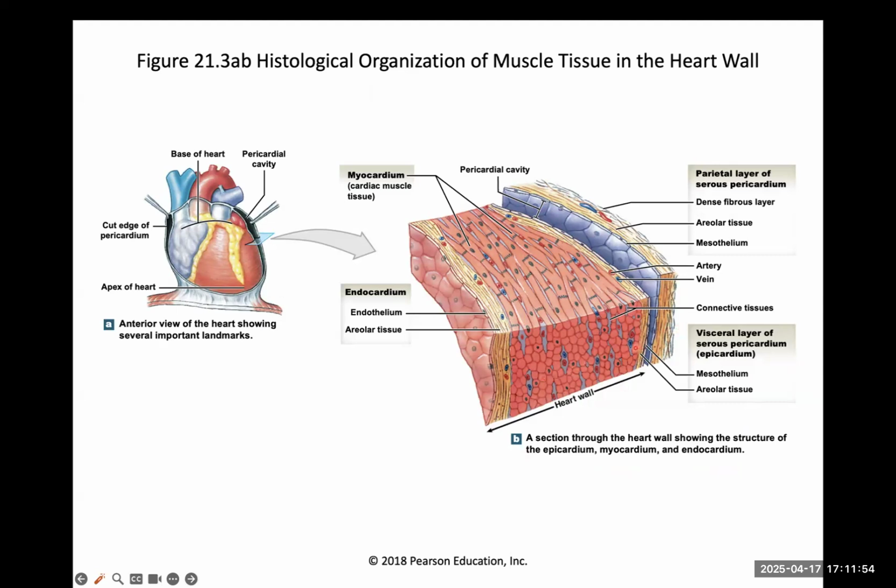This is the myocardium, and this is the epicardium that would be on the outside. And you also have your pericardial sac or cavity right here.